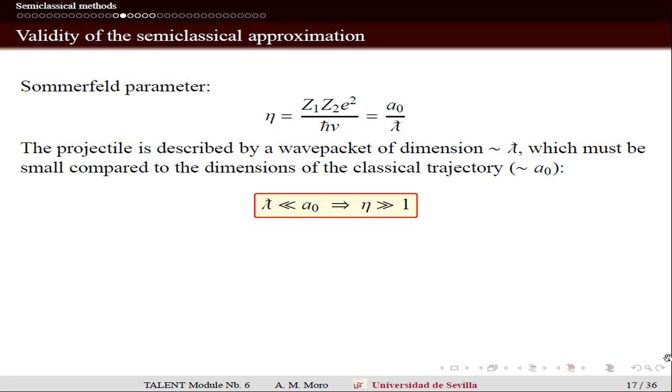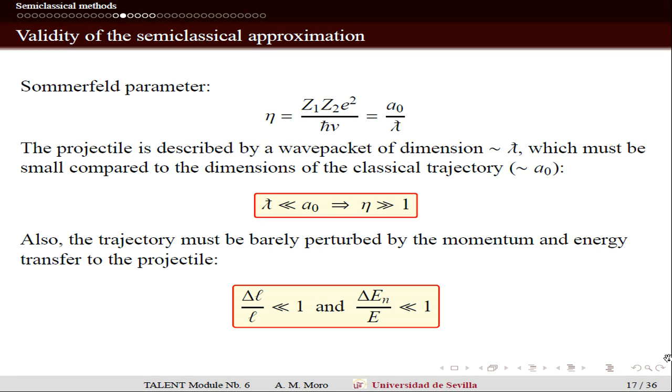So if this ratio is small, then we have a small probability, and it makes more sense to think of a classical Coulomb trajectory. If we have a large penetration probability, then the trajectory will be distorted by the nuclear interaction, and so the approximation of these classical trajectories by Coulomb trajectories will not be valid. So we can give several interpretations of this.